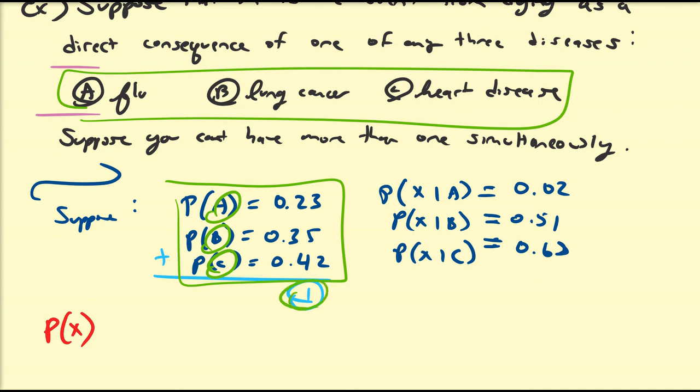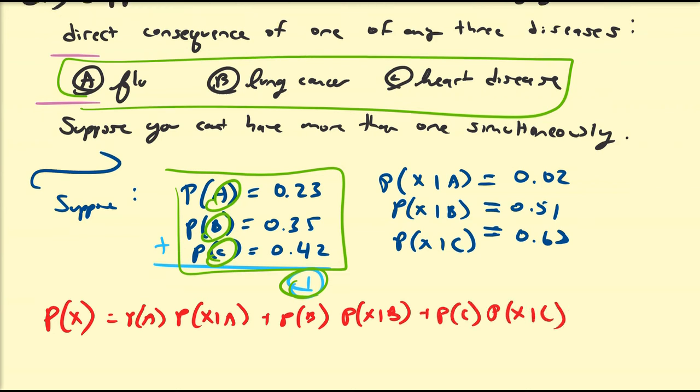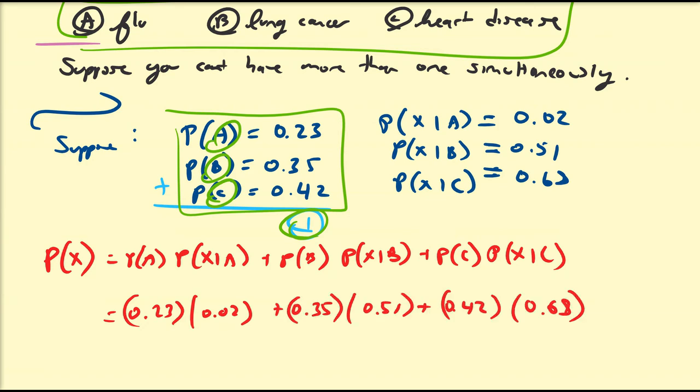So the sum of these should be 1, right? So the probability of X by the law of total probability is going to be equal to the probability of A times the probability of X given A plus the probability of B times the probability of X given B plus the probability of C times the probability of X given C. So substituting each of these numbers, we have 0.23 multiplied by 0.02 and so on.